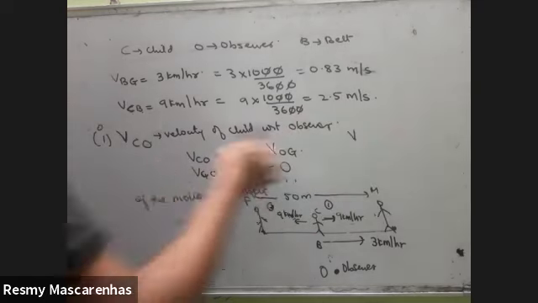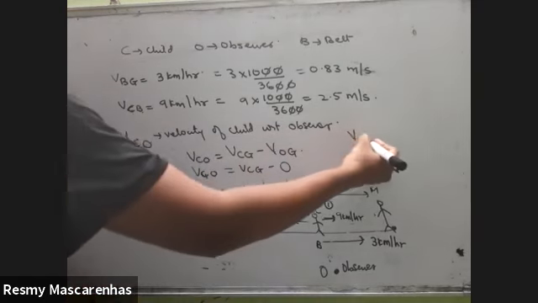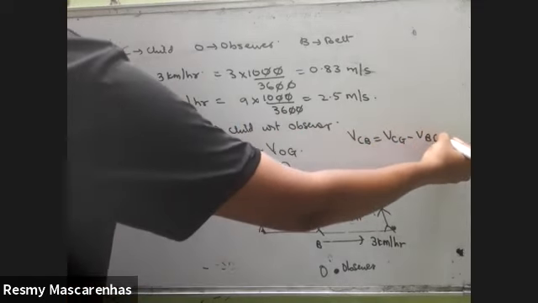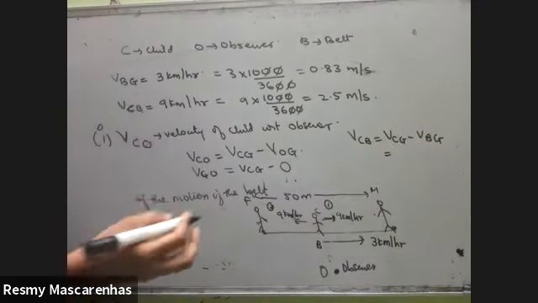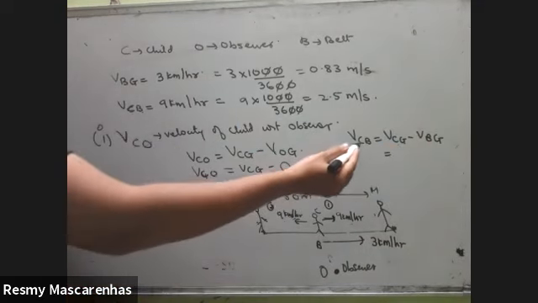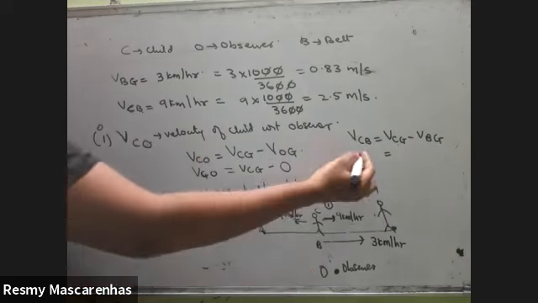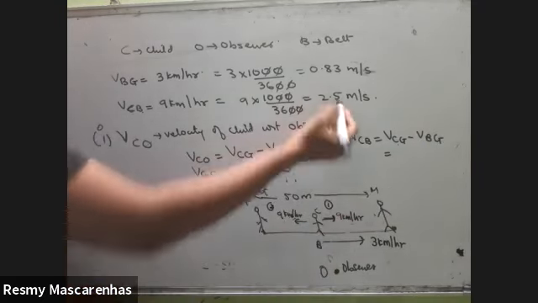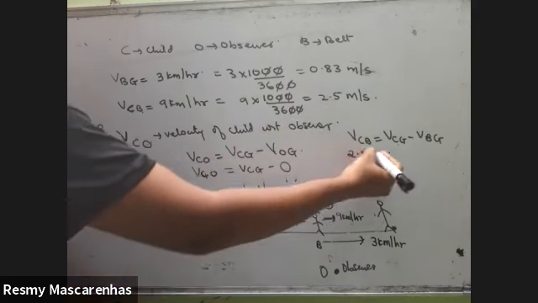So we know that VCB, with respect to belt, will be VCG minus VBG. So with this part we have to calculate. Now child with respect to belt is 9 kilometers. Sorry, now we cannot take 9, this part is 2.5.